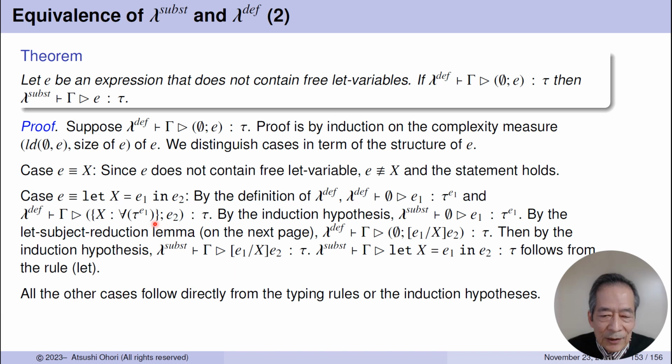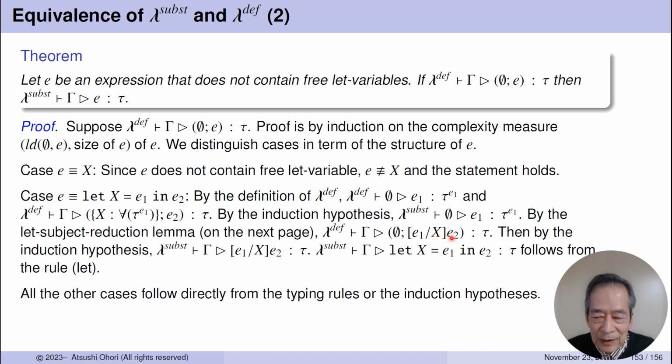We can't apply the induction hypothesis to this statement because the statement is of this form. However, by the let subject reduction lemma on the next page, from this derivation in def, we obtain this derivation for this term E2, with X replaced by E1.